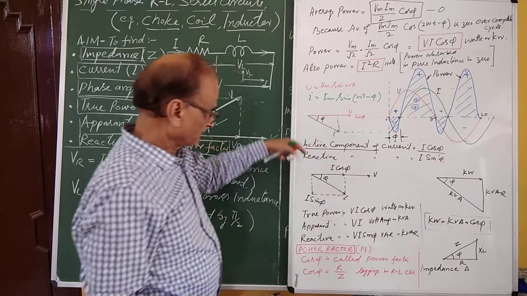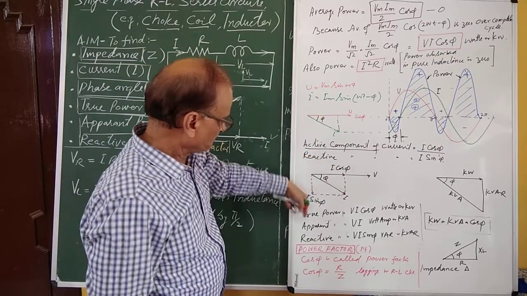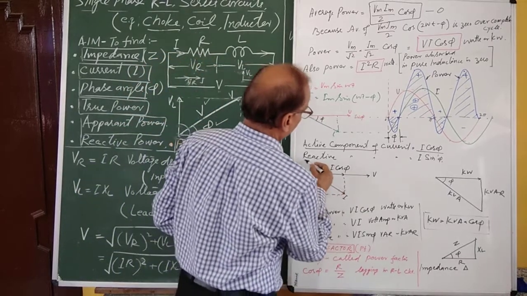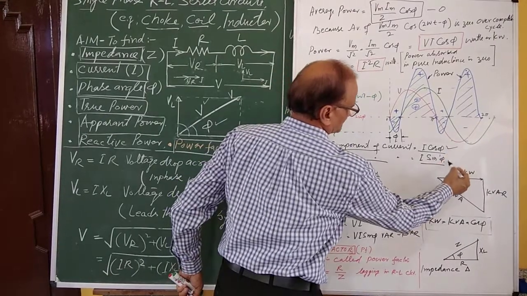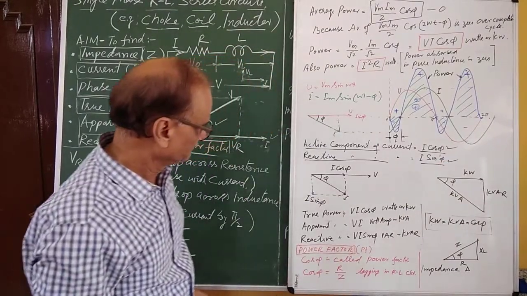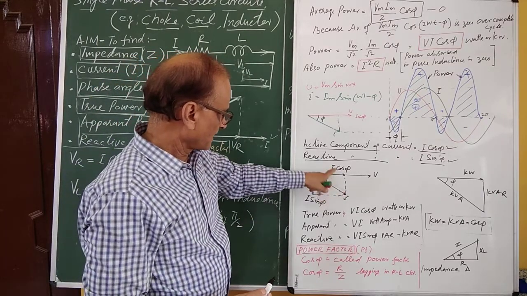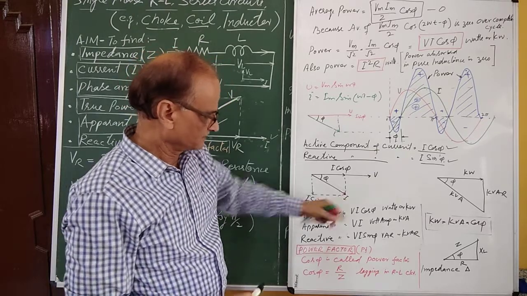And the component of current perpendicular to this voltage is called the reactive component of current. So this is the active component, reactive component and actual value of current.